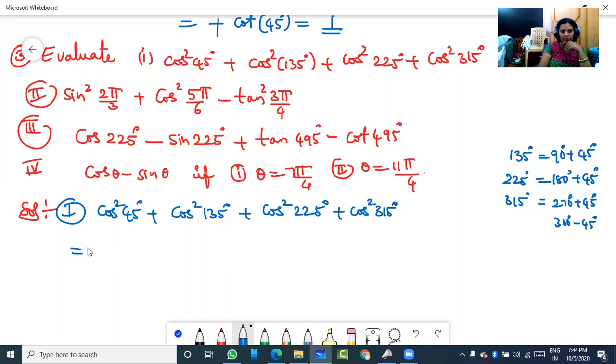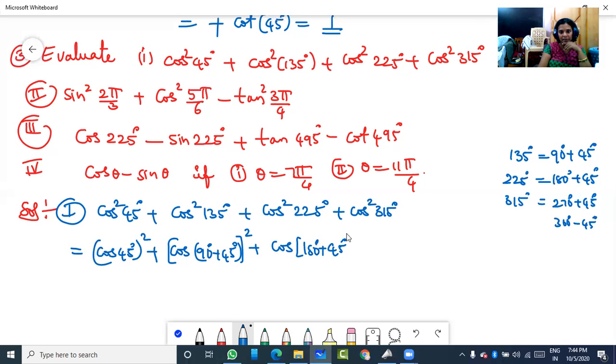Here it is equal to cos 45 degrees whole square plus cos of 90 plus 45 degrees whole square plus cos of 180 degrees plus 45 degrees whole square plus cos of 270 degrees plus 45 degrees whole square.